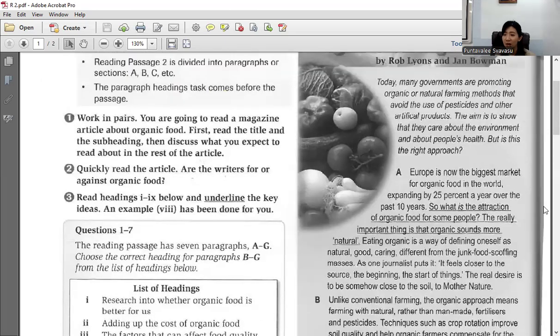Let's have a look at paragraph A, which they kind of have the answer for you. I want you to have a look at paragraph A again, and you will see the part that is underlined here. This part is actually the topic sentence, and it's the main idea.